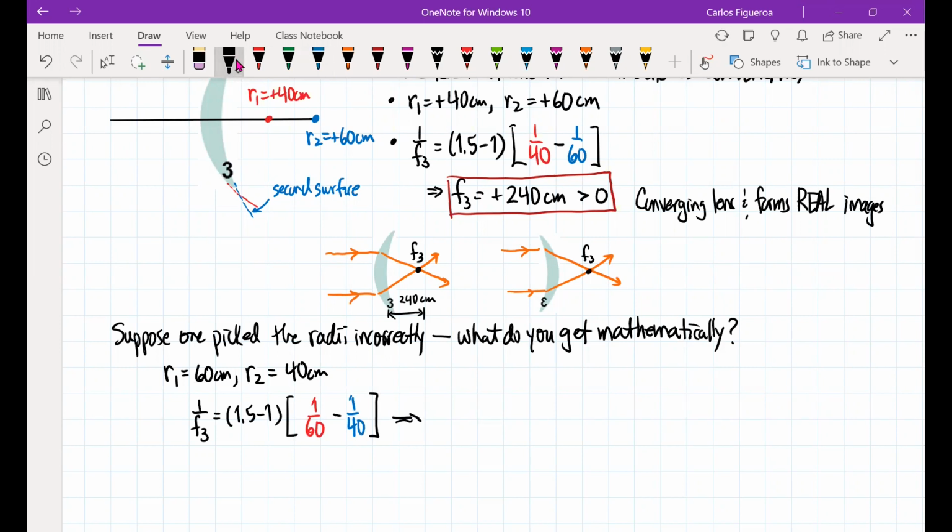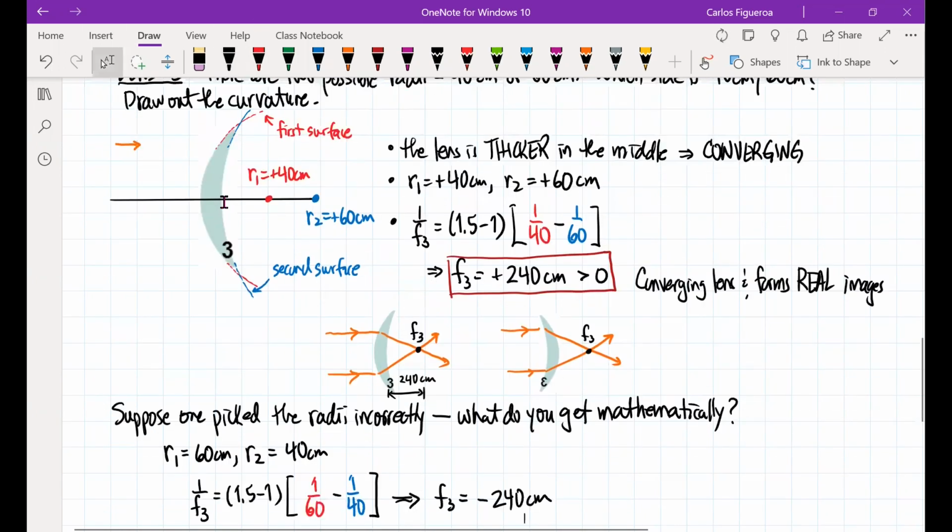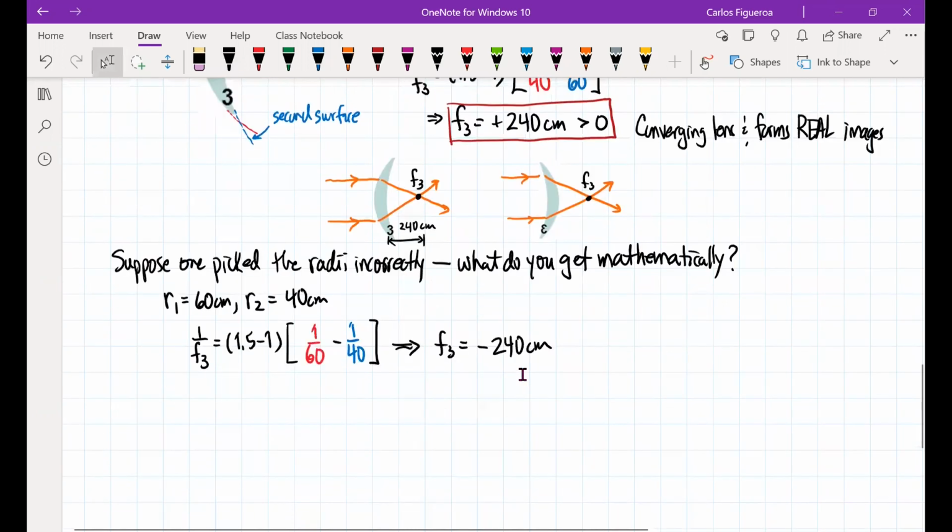So then this implies here is that F3 is then minus 240 centimeters, but that can't be right. Why can't it be right? Because it's thicker in the middle. So you better have a positive focal length. This is negative.